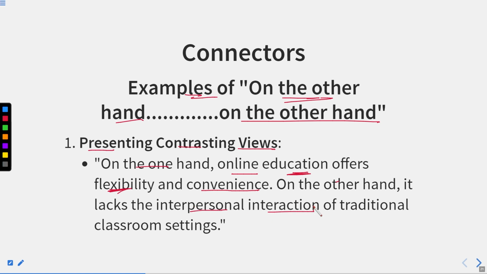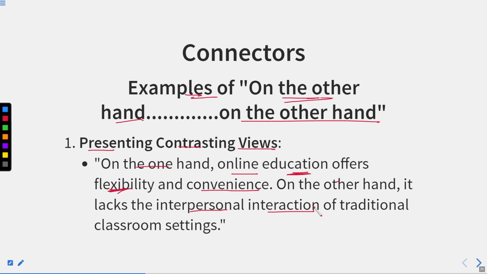Now, these online classes diminish the interpersonal interaction. It means the physical interaction. Actually, when students are taught in person, the teacher can interact with them directly because they are sitting in front of him. He can ask them anything, he can ask their doubts, and he can solve them at the same place.